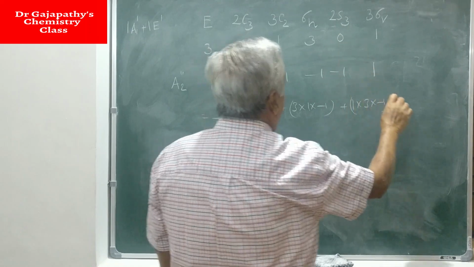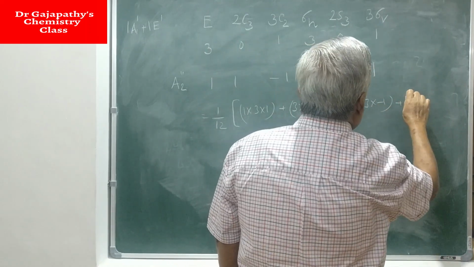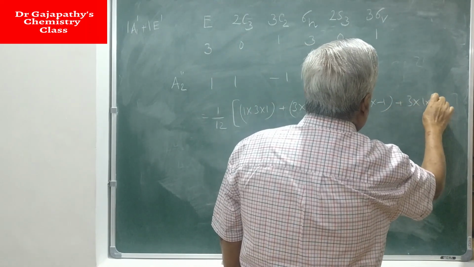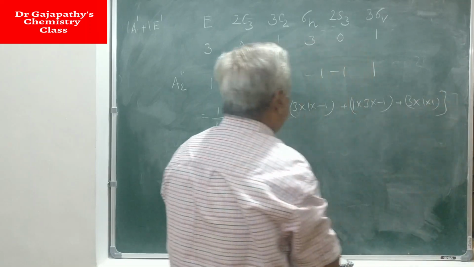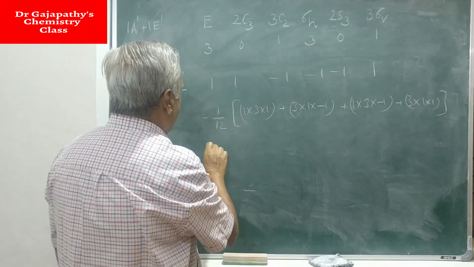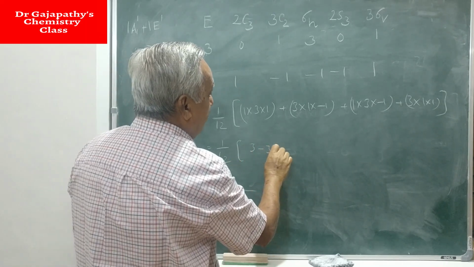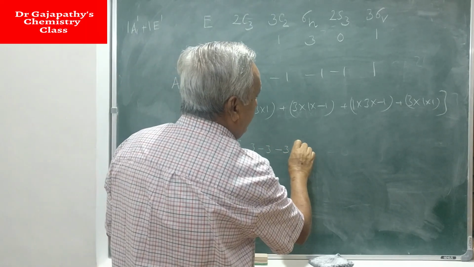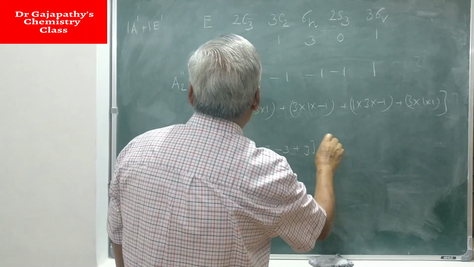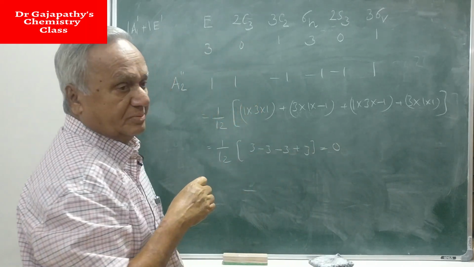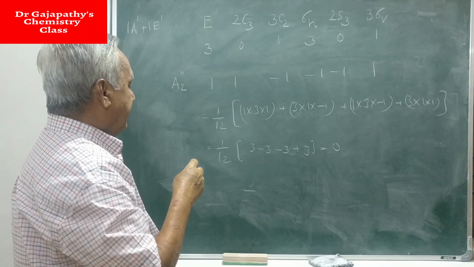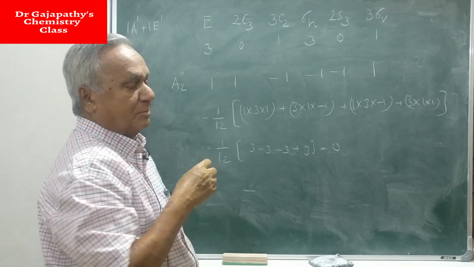This will be 0, I leave it. 3 into 1 into 1. That is equal to 1 by 12 into 3 minus 3 minus 3 plus 3, which equals 0. See, this doesn't contain any A2 double prime.